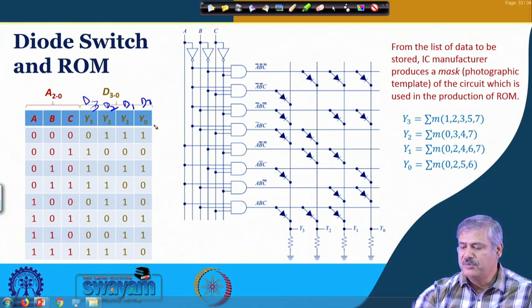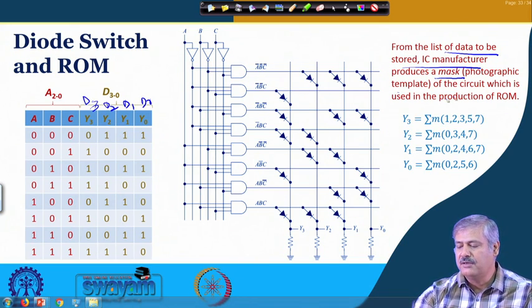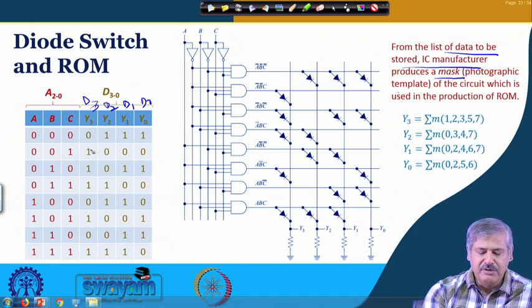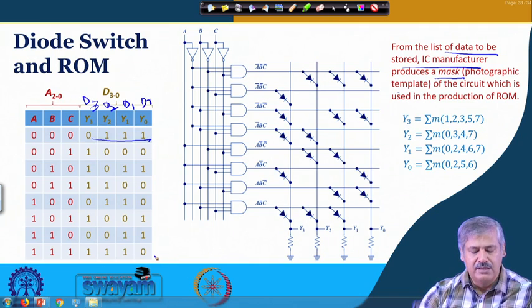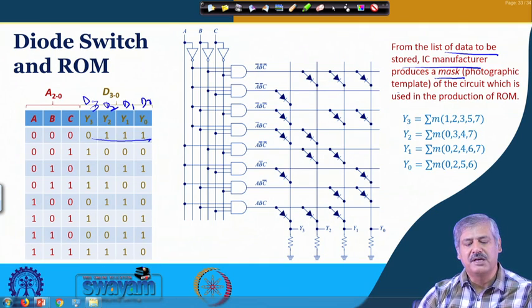So it has to be told to the IC manufacturer, who will prepare a specific mask, a photographic template of the circuit, which will be used in the production of the ROM. So say you have said I want in the first location 0111, second location 1000, third location 1011, this needs to be stored. This is the way for the rest of the cases.